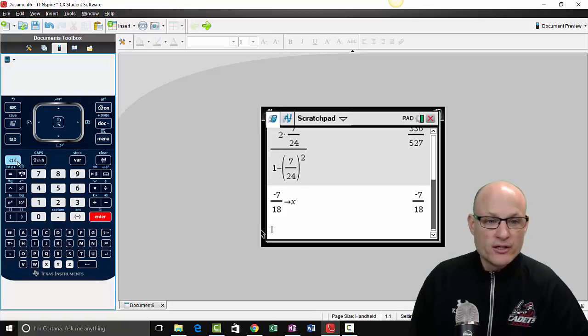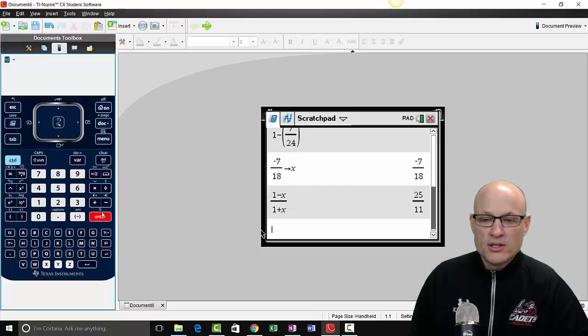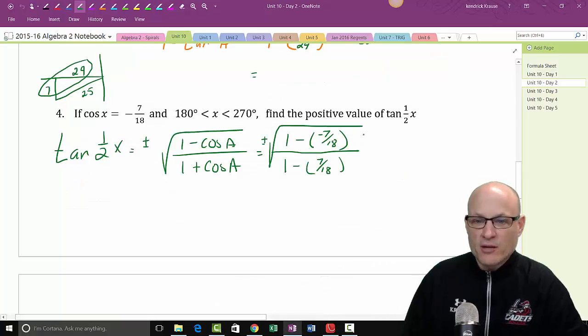So control division, 1 minus x over 1 plus x. Bam, 25 over 11. So this becomes the square root of 25 over 11.